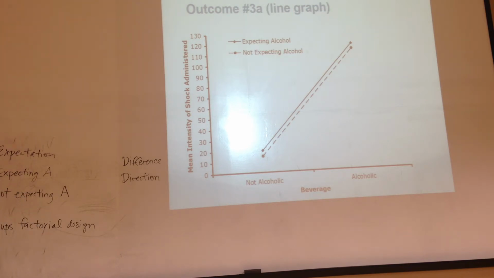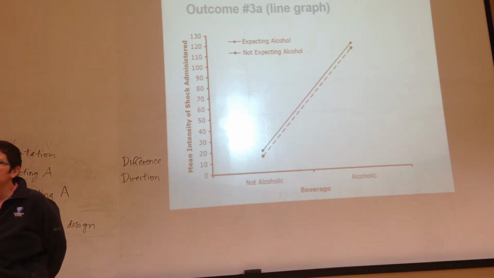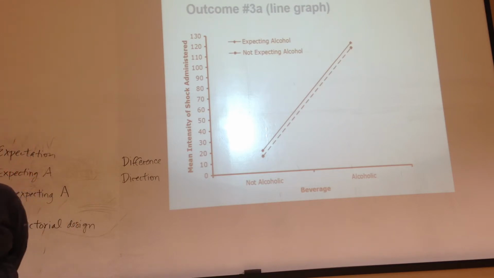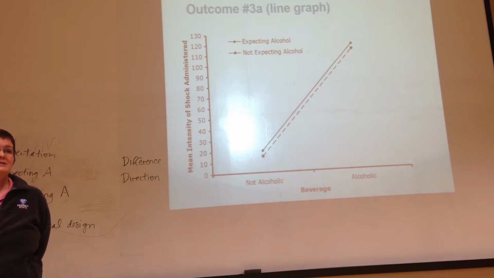What about the main effect of the variable on the x-axis? What do you think? Is there a main effect of beverage? What makes you think so? The slope of the line. Look at how steep that slope is. That slope is definitely not 0 anymore. Can you describe that main effect for me?